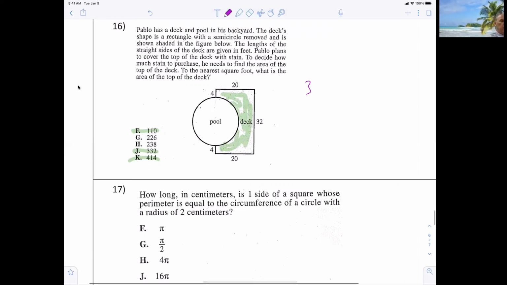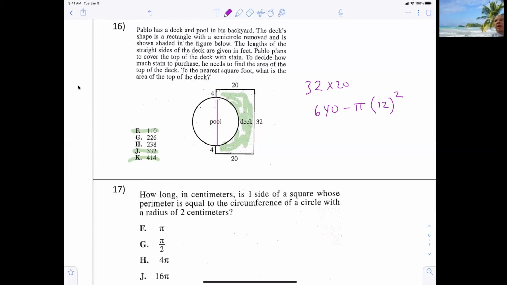So I'm thinking 32 times 20 is 640. And then I have this pool being cut out. Is the whole pool in the deck or is it just what? Half. So minus pi, what's the radius? Why is it 12? 32 minus 8 gives me the diameter, so 12 squared.